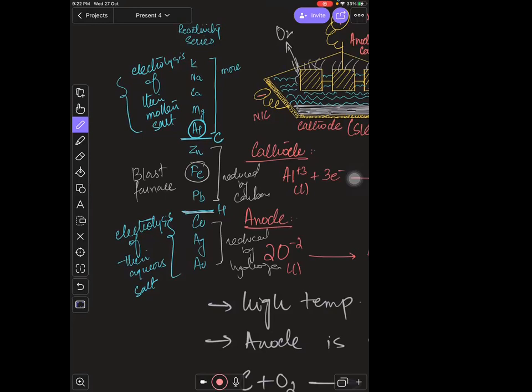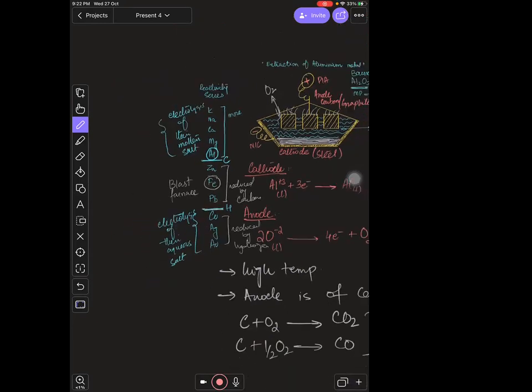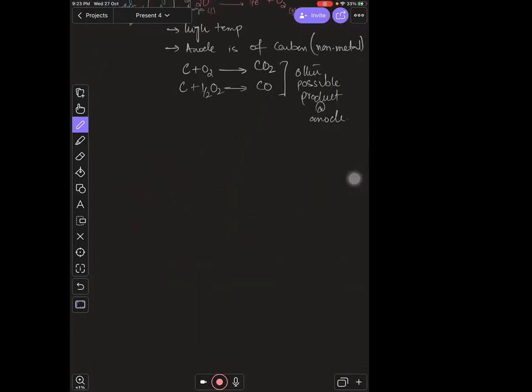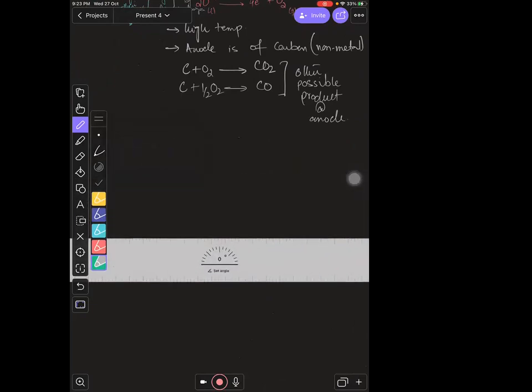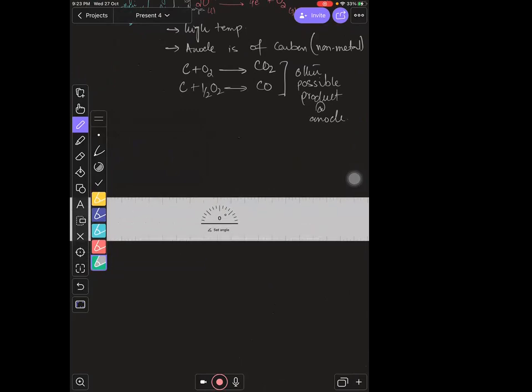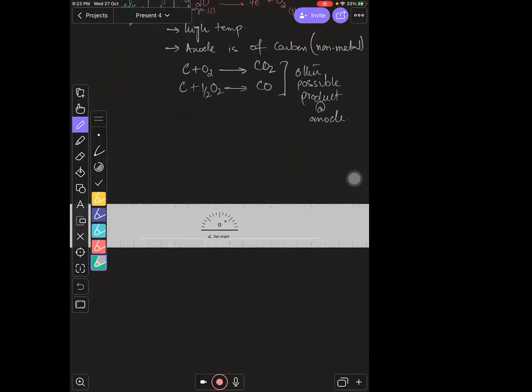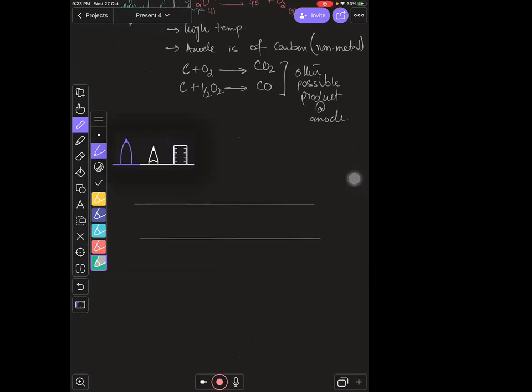Let's solve this example. For example, here we have a test tube, right?